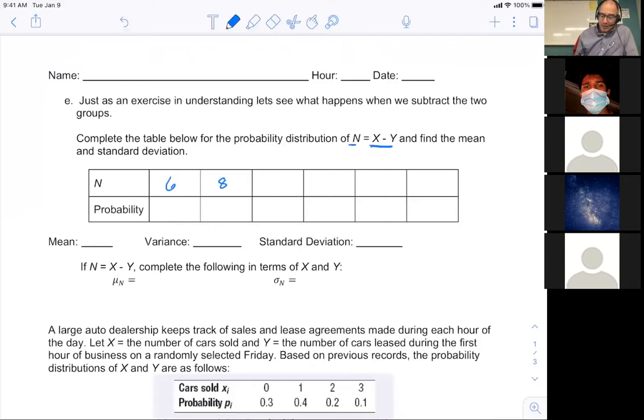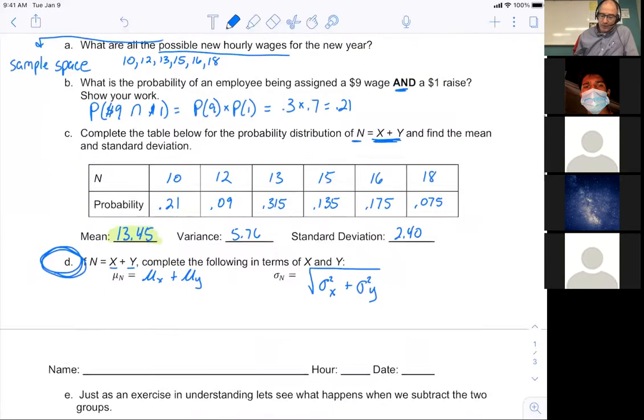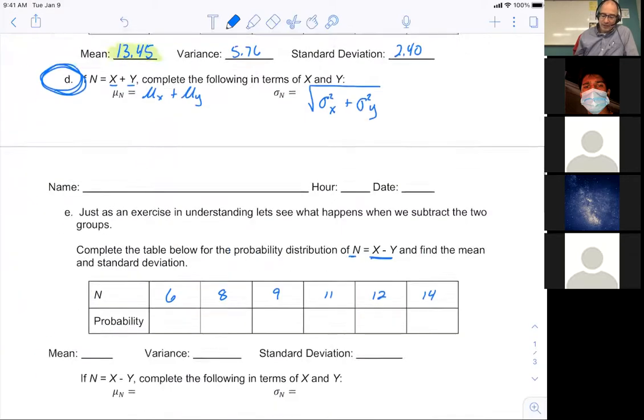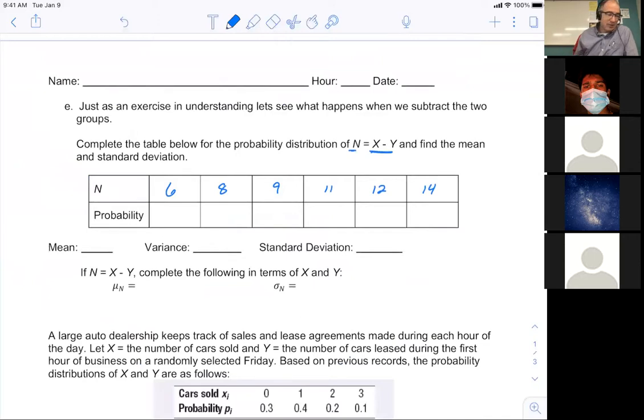Okay, so again, if we didn't quite get where those came from on the previous page, I took $9 here and we subtracted $1 here, so that would be an 8. But when I take 9 here minus 3, that gives me a 6. So that's where we get those outcomes of 8 and 6.